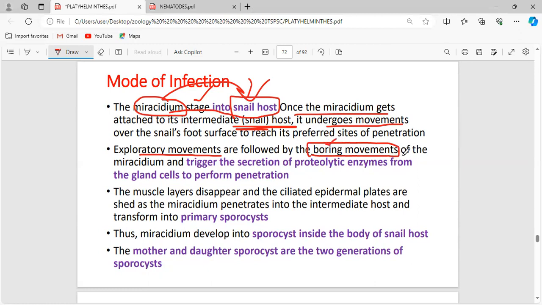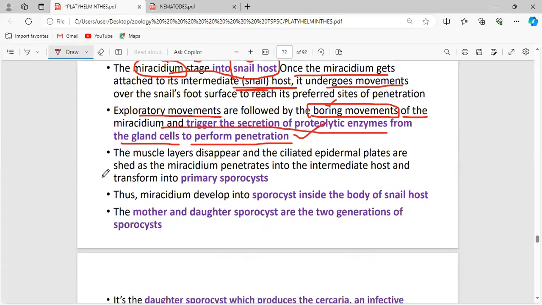Boring movements of the miracidium trigger the secretion of proteolytic enzymes from the gland cells to perform the penetration. It has to move inside the body of the snail, and for that it needs some secretions. The penetration glands help with that, namely the acetabular glands, post- and pre-acetabular glands. One secretes mucus and the other secretes the proteolytic secretion.